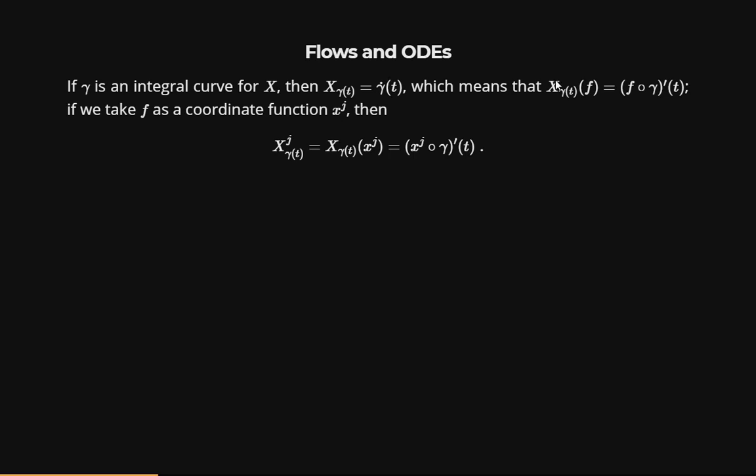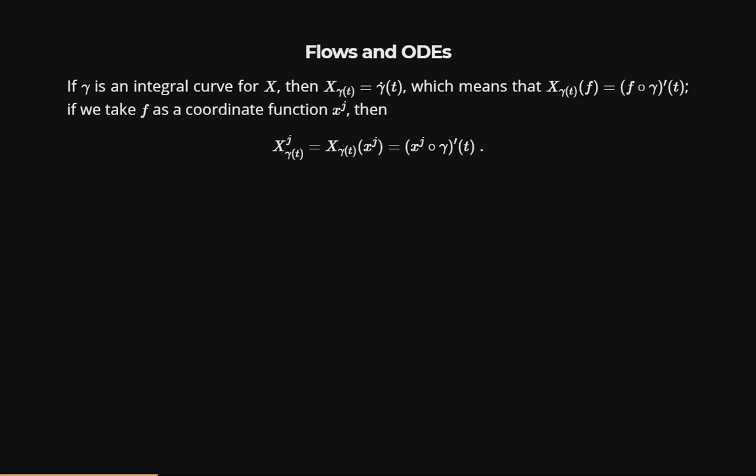It means that X at gamma of t applied to f is f composed with gamma, differentiated, evaluated at t. If you remember it from the first, second hour of the course, I don't remember, this is the way we differentiate along the curve. So we compose with the curve and we take the derivative in the parameter.